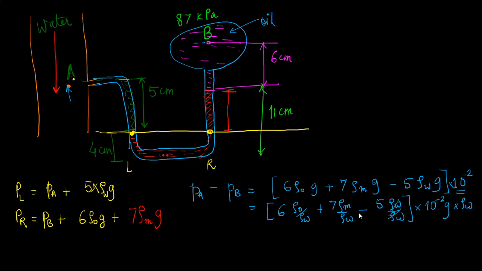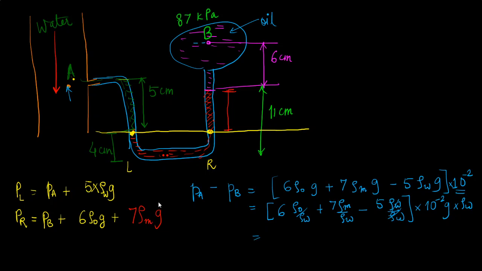So now we have the specific density of oil and the specific density of mercury. Specific density refers to a quantity where you are dividing by the density of water. So specific density of the oil is equal to the density of the oil divided by the density of water.